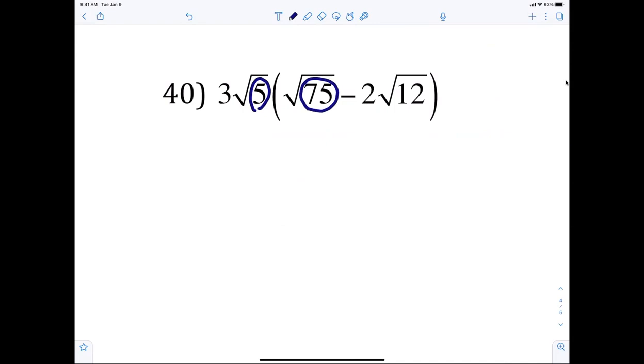So 75, I just want you to think about is 5 times 15. So now when I multiply those together, this 5 and this 5 comes out as a what? 5. And there's already a 3 out there, so that becomes 15 radical 15. Now, does anybody need me to repeat that?